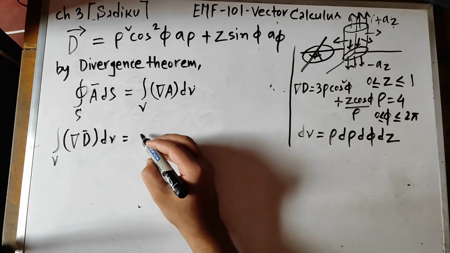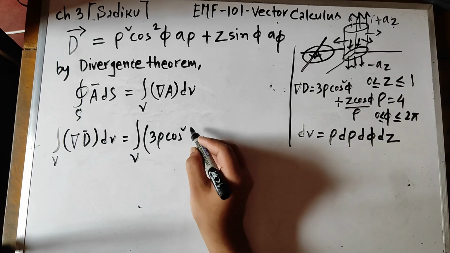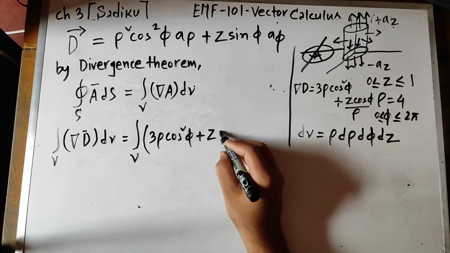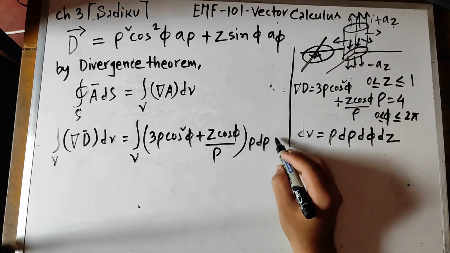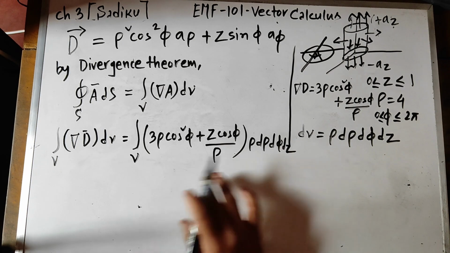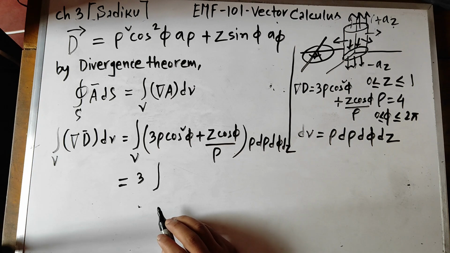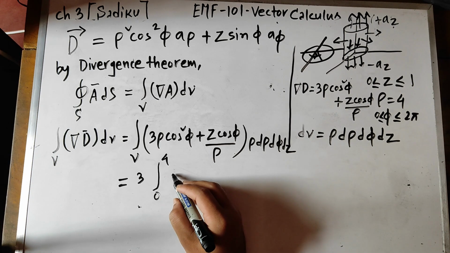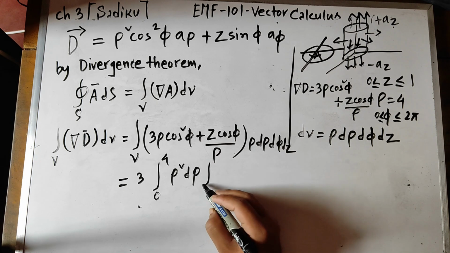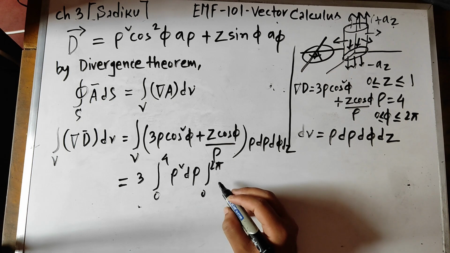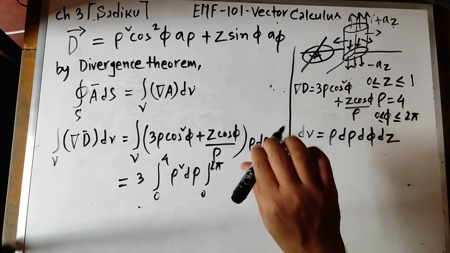Volume has no direction, obviously. So the integrand 3 rho cos square phi becomes 3 times the integral of rho squared d rho from 0 to 4, times the integral of cos square phi d phi from 0 to 2 pi, times the integral of dz from 0 to 1. The range of phi for a cylinder is 0 to 2 pi, it can rotate from 0 to 2 pi.